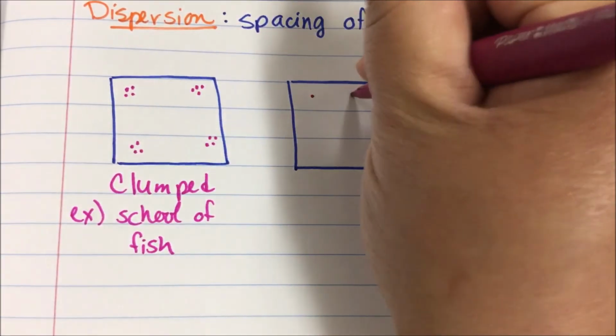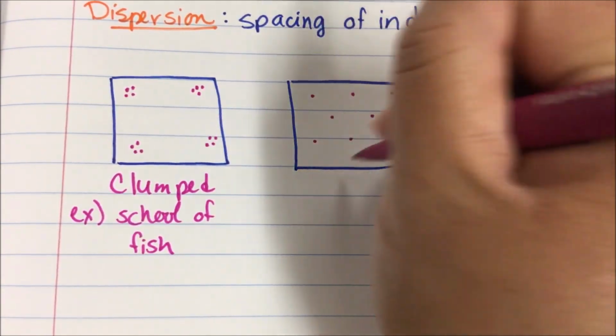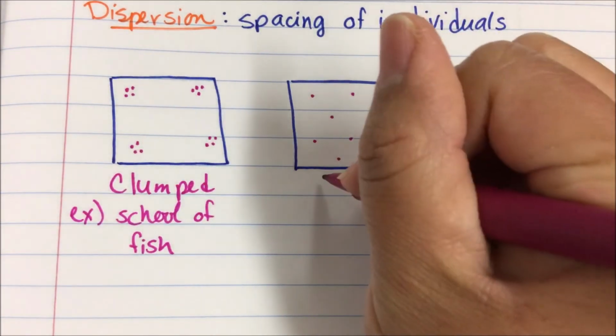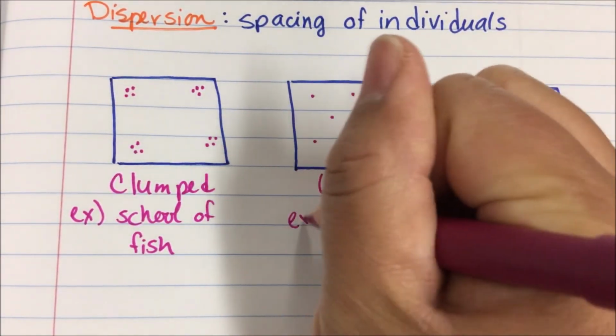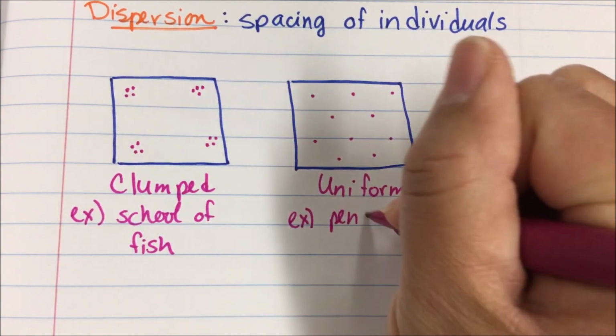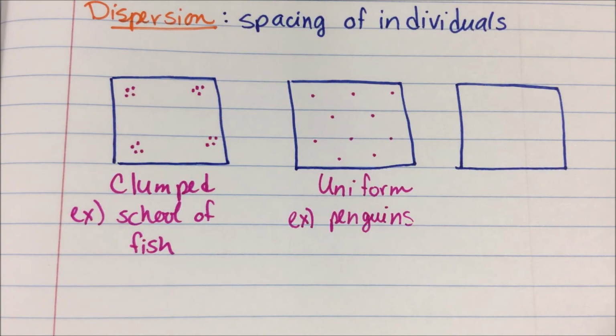We have some where they're equally spaced, and we call that one uniform. Penguins like to be uniformly spaced. They don't like to be too close together or too far.